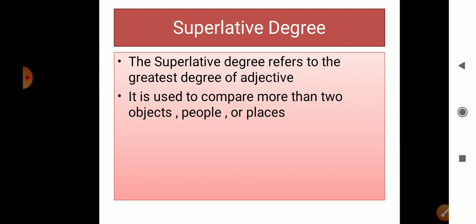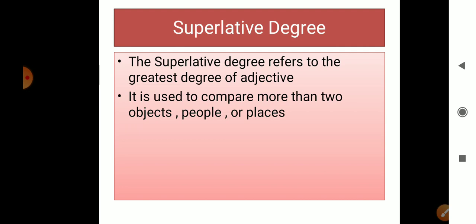Now let's move towards the superlative degree. Let's revise what we have seen. In the positive degree, we are describing only one item, one group or one person. In the comparative, we describe two items, two people or two groups. But the superlative degree is used to describe three or more items, groups or people.